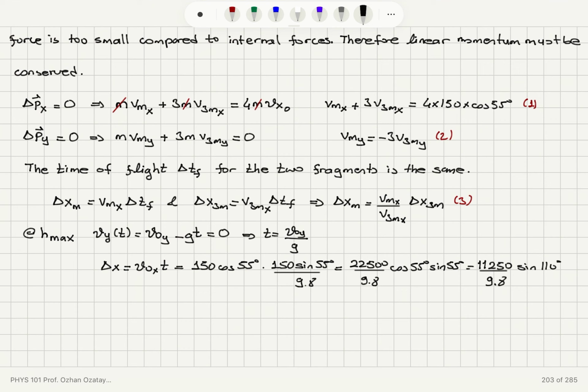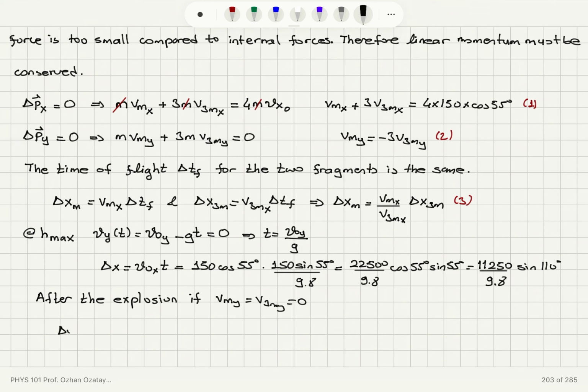Okay. And after the explosion, for them to have the same time of flight, you can see that if Vmy and V3my are equal to 0, because if one of them is 0, the other one will be automatically 0 due to equation 2.